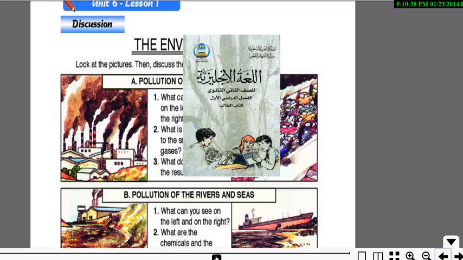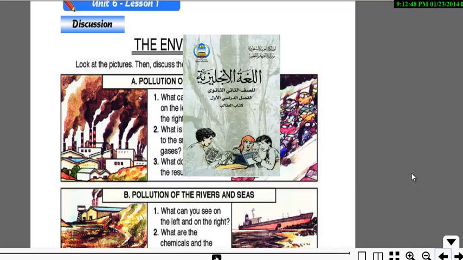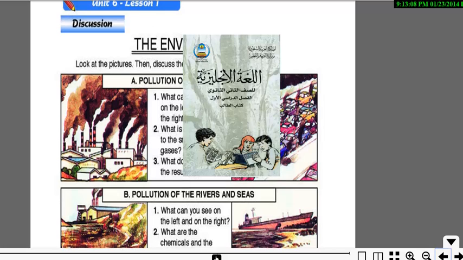What is happening to the smoke and gases? They're actually rising up to the sky. What do you think the result is? Well, basically the result is just a sky full of smoke, something you're going to breathe later on, which we're going to talk about later.